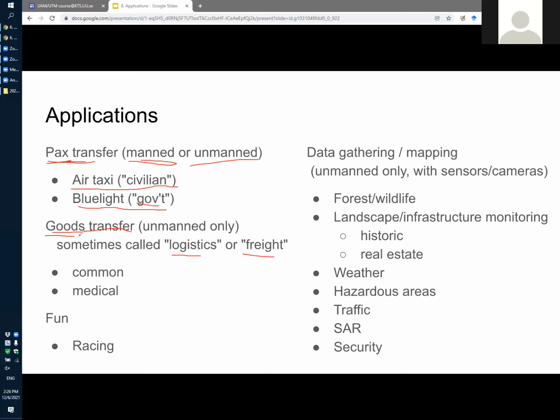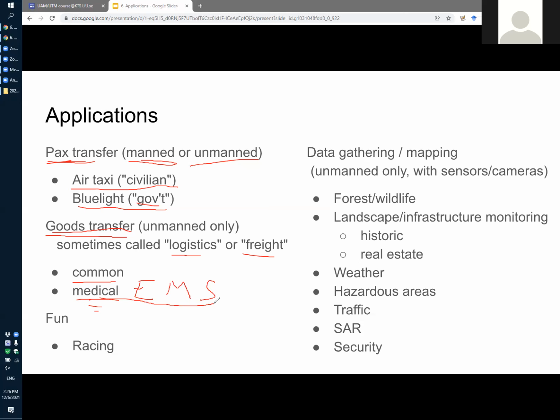And again, with the transfer of goods, there are many different kinds of goods that you may transfer, but maybe the common and the medical, especially emergency medical services, may be the most appreciated, at least in the very beginning. And if there is a business case or support from the government, then those may be some of the things you may see pretty soon.